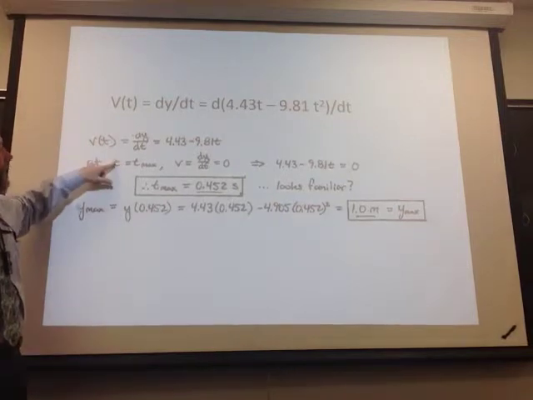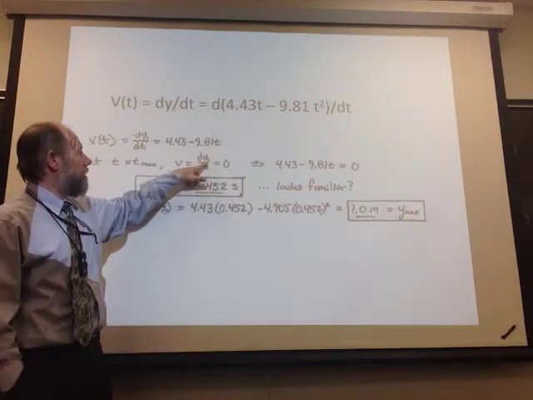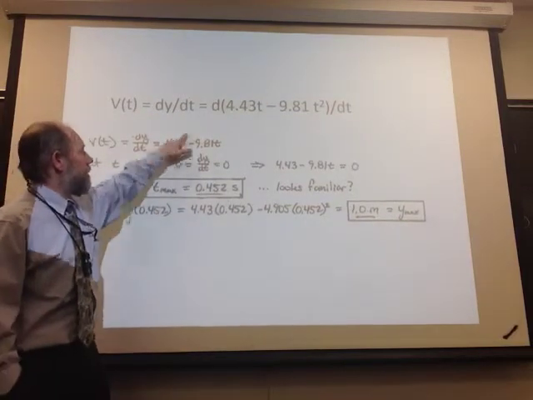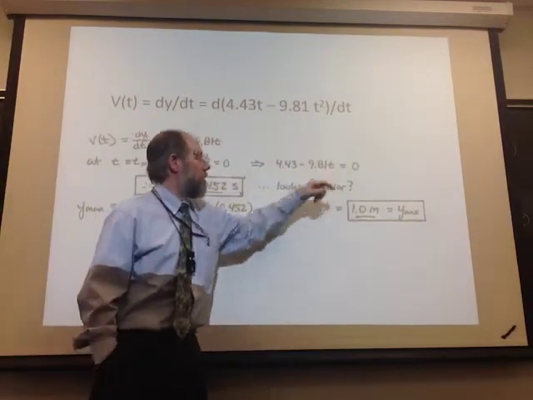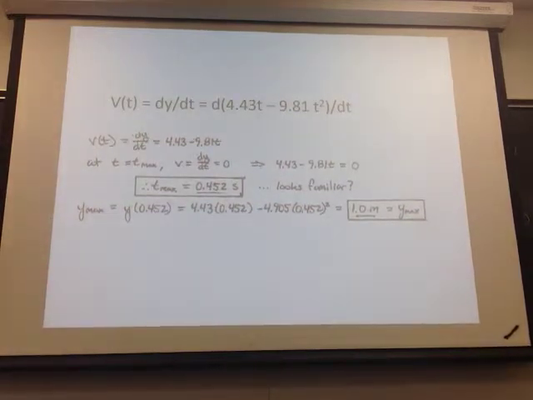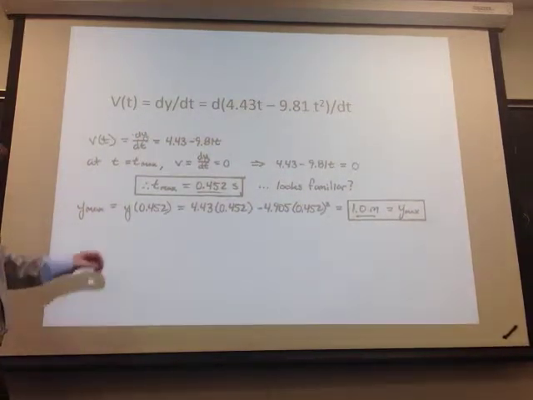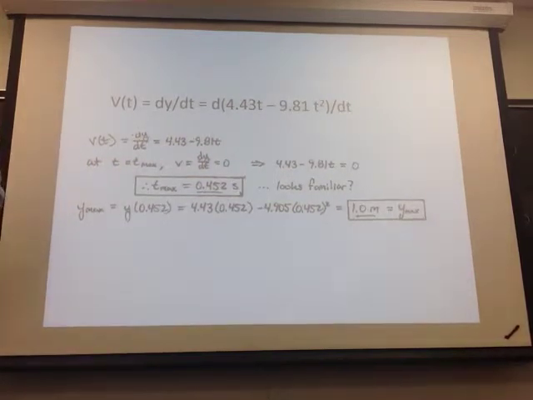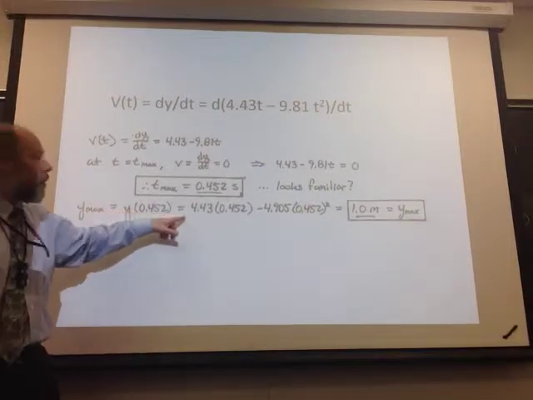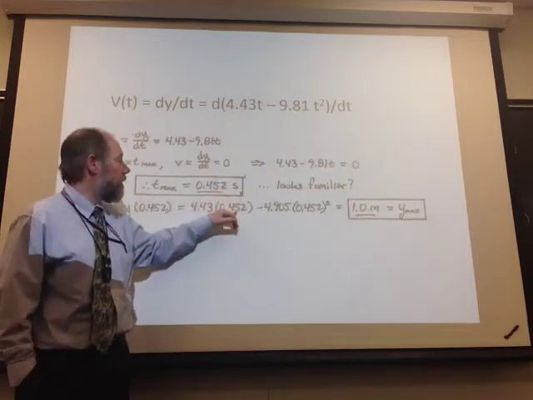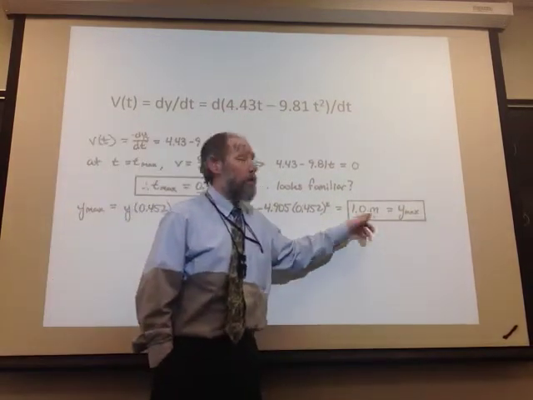And we know that at t max, the velocity is equal to 0. So we set this equation to 0 and solve for t, which is, in this case, 0.452 seconds. Once we know the time where the maximum elevation occurs, we can put that time into the original function for y, for position, and solve for y max, which is 1 meter.